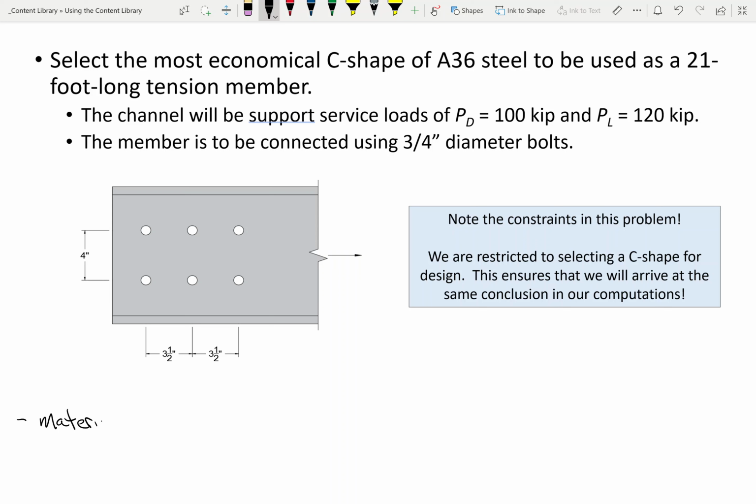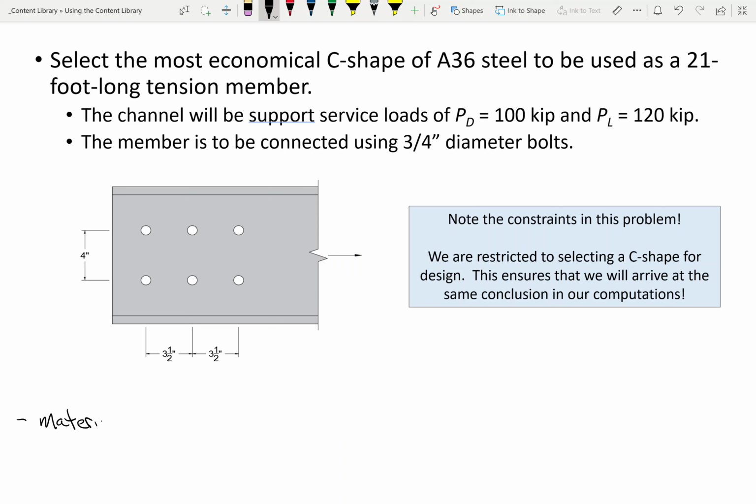What information can I glean from the fact that this is A36 steel? Yield stress and tensile stress. Okay. It would help if I drew with a pen, not a highlighter. And what is Fy and Fu for A36 steel? Okay, all right. So Fy is 36, Fu is 58 ksi.